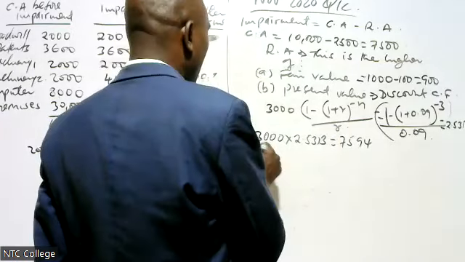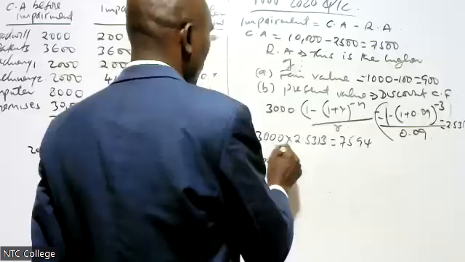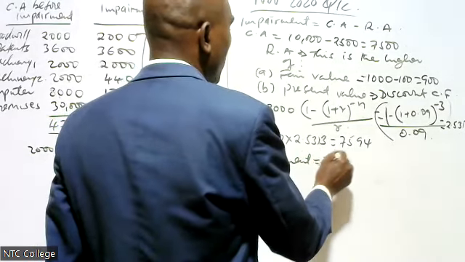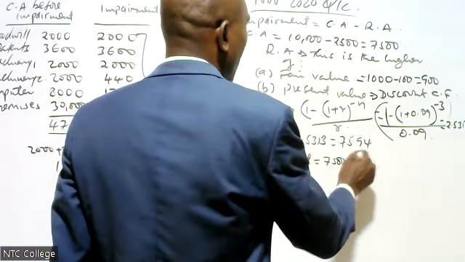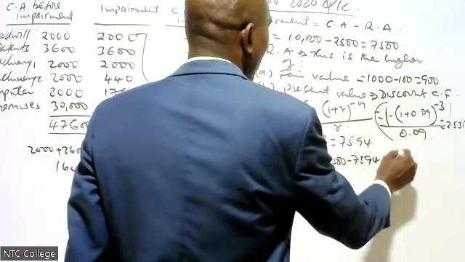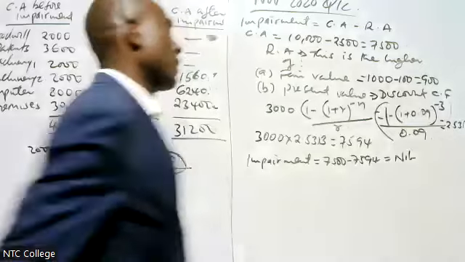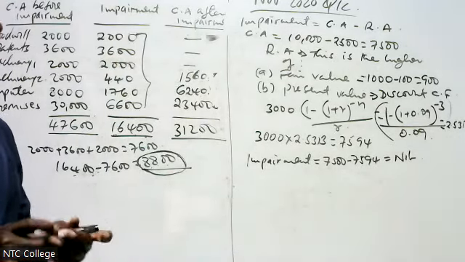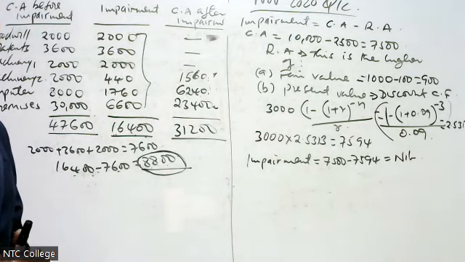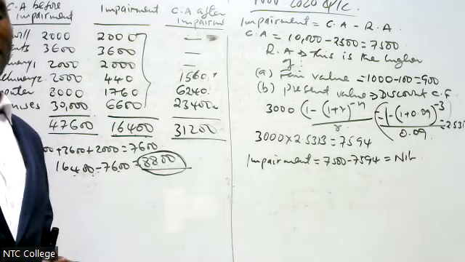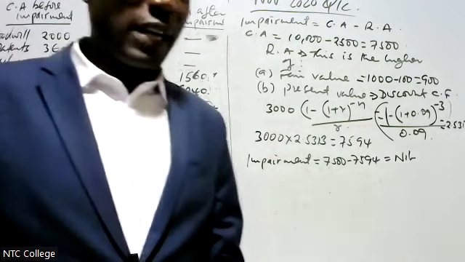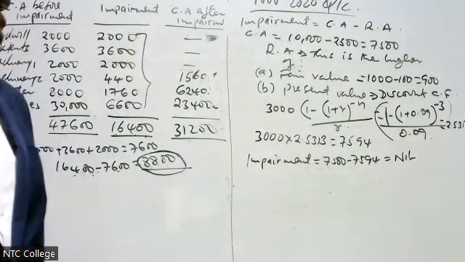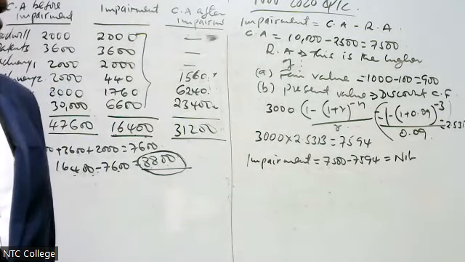Therefore, here my impairment equals 75,000 minus 7594. Of course, it is nil. Impairment is nil. That is what the examiner wanted to give you, the marks.